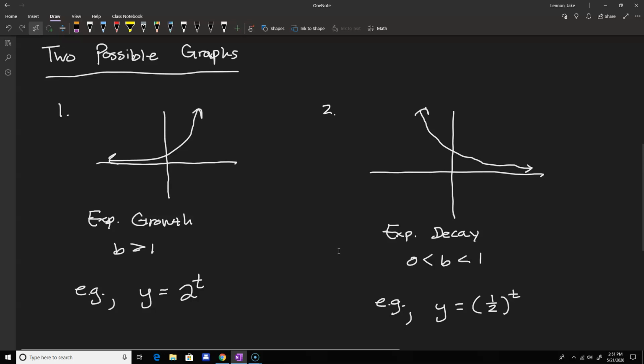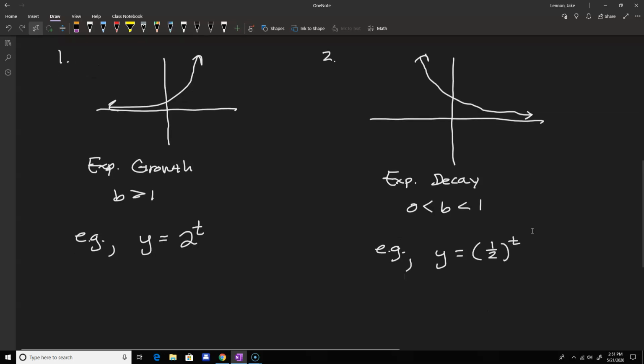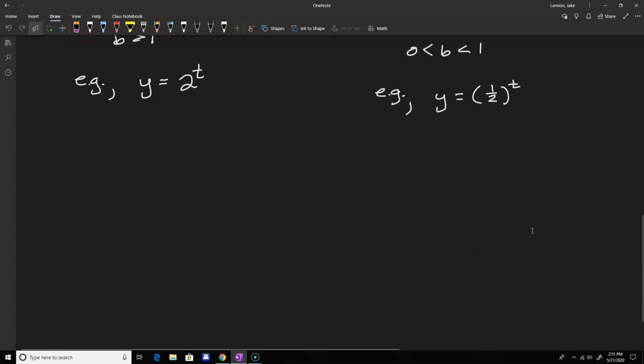Well, in the case that you know that the data is behaving exponentially and it's fitting exactly, since there's only 2 unknown parameters, you only need 2 points to determine what a and b are. Plug both in, you have 2 equations and 2 unknowns. Typically, you can solve that. So let's look at this example. What we want to do here is find the equation of the exponential function.